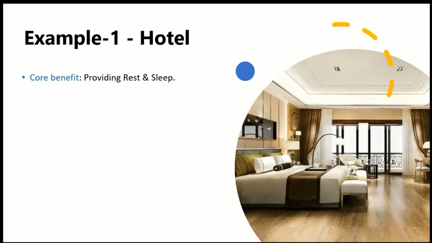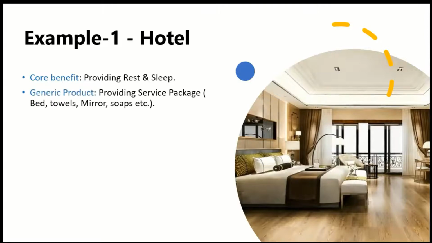That is the fundamental need and want, providing rest and sleep. Then the basic product of a hotel can be giving you a bed, towels, mirror, soaps, etc. These are different types of basic needs which the hotel offers to the consumers.